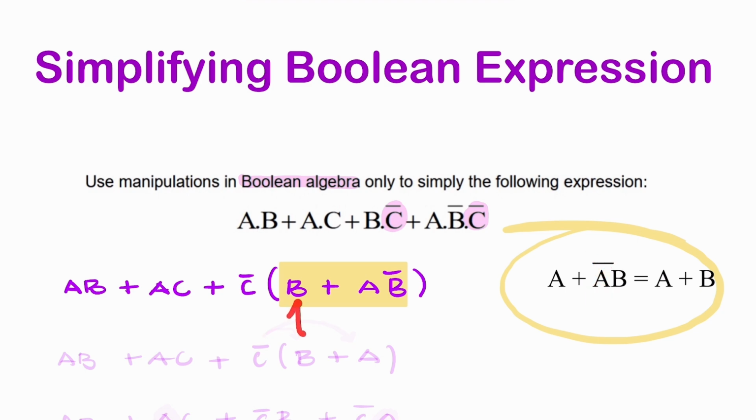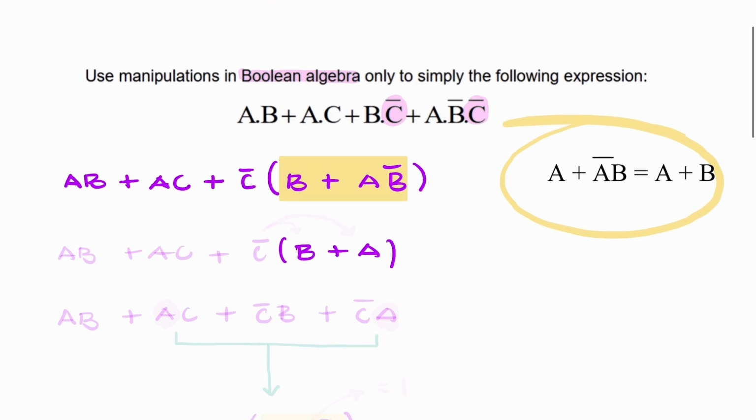We've got B, which is our variable, plus not B times another variable, A. So we can simplify that to B plus A. So that's our first bit of simplification.